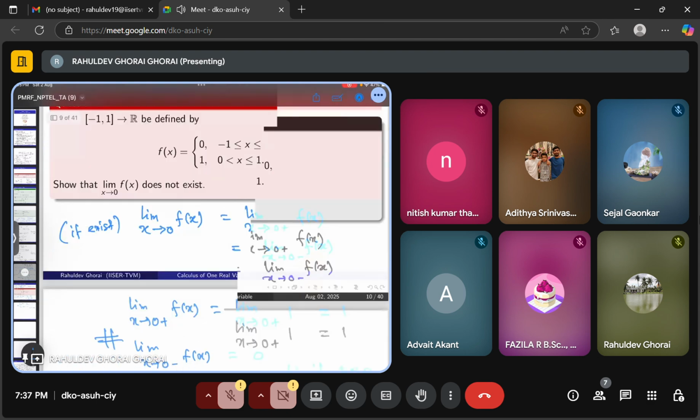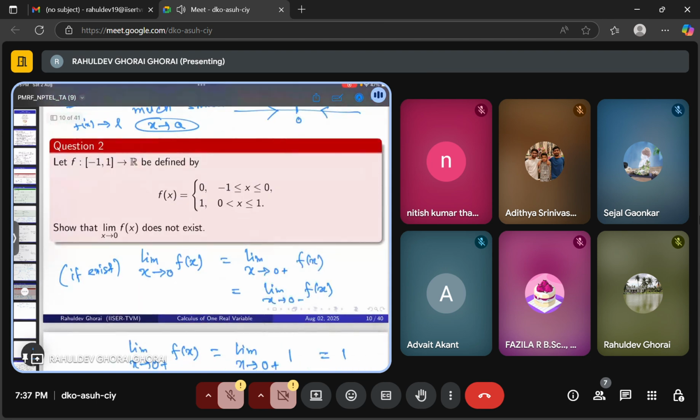Here also you start with any epsilon, and you see that you don't find any delta such that the modulus of f(x) minus L is less than epsilon. If you start with this, you don't find any delta such that whenever x minus c is less than delta, this will happen.